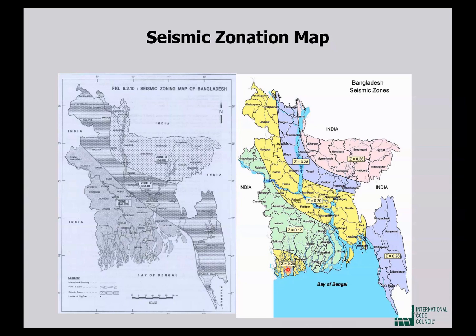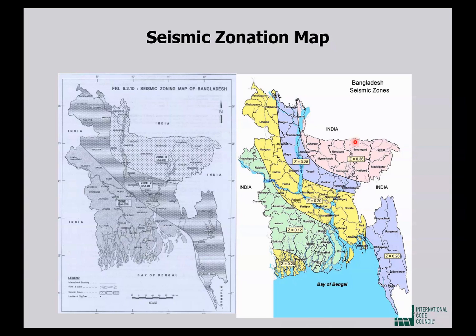So why is it so? Because recently geologists are saying that there is an epicenter near Calcutta. So that increases the seismicity of this part. And the previous version of zone 2 and 3 is kind of divided into the new version of zone 2 and 3.